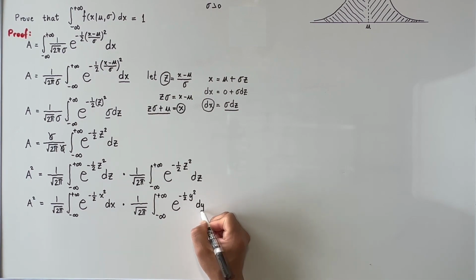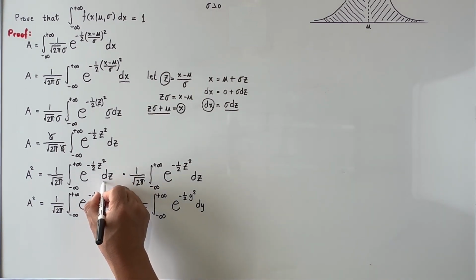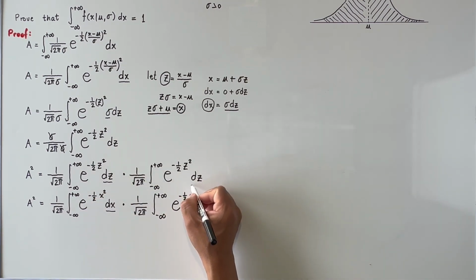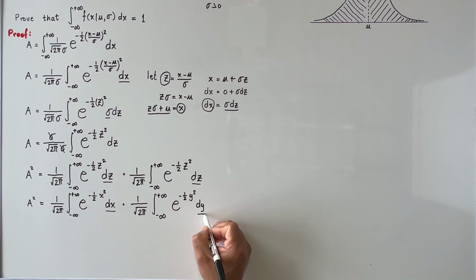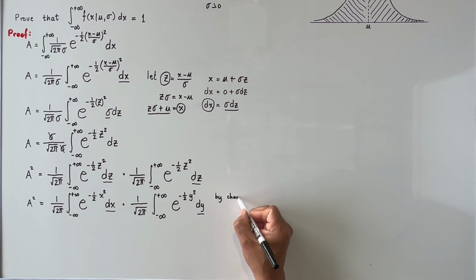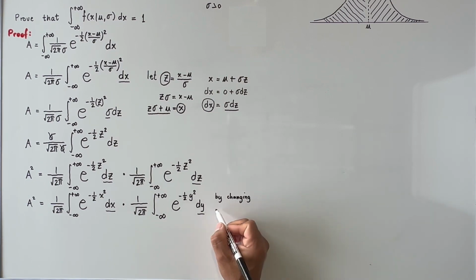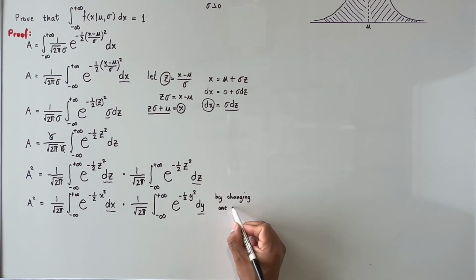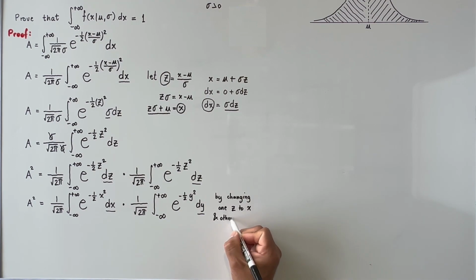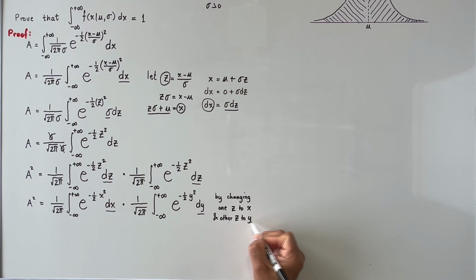So here, we just change the variable from z to x, and in this integral from z to y. So it is just a change of variable. We will write here by changing one z to x and the other z to y.